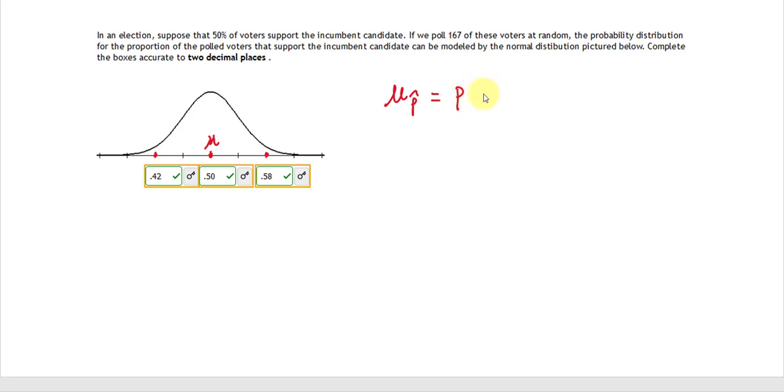Population proportion, P, is 50% or 0.50. This is the P value.